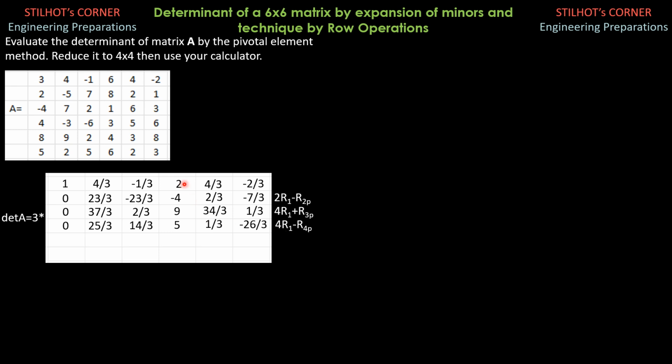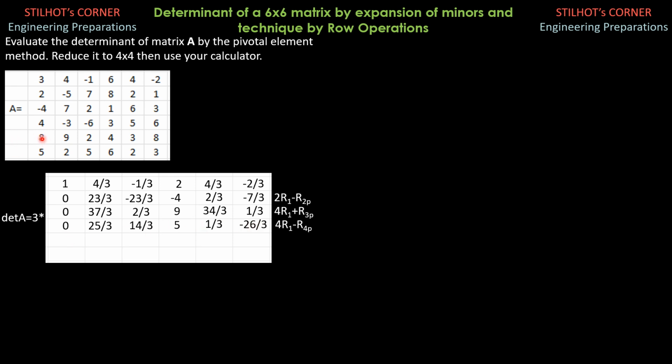Then 8 minus 3, row 4 previous, is 5. So it checks. Then 4 times 4/3 is 16/3. 16/3 minus 5 is 16 minus 15 over 3, so that's 1/3. I want you to check the rest of the elements.